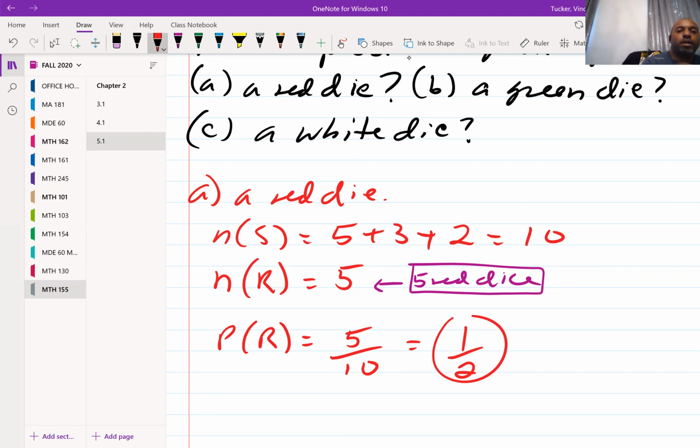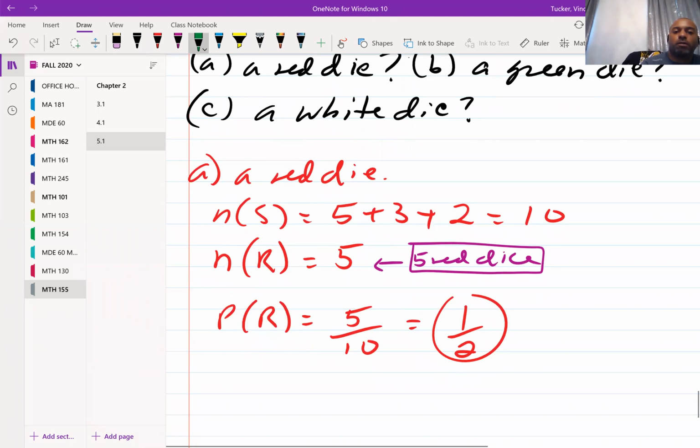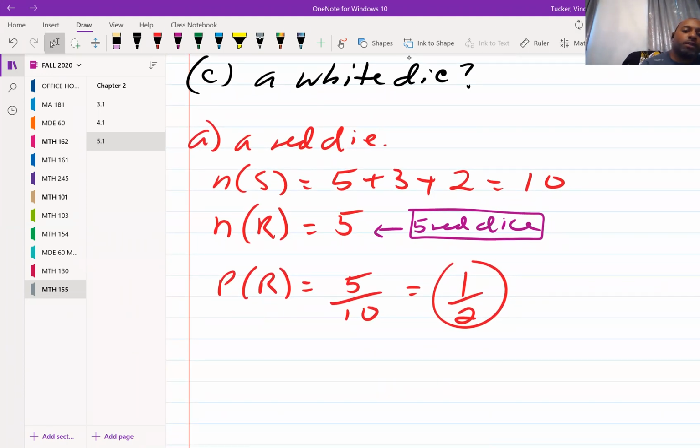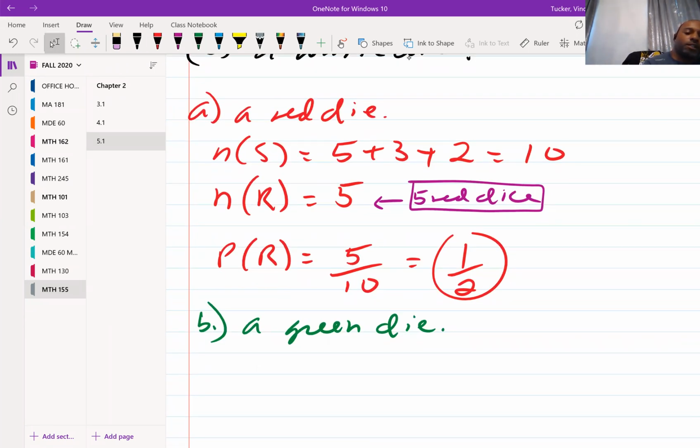All right, any problems with that? All right, so we'll do the same thing for green. The sample space doesn't change.